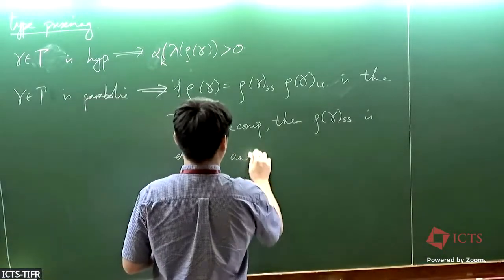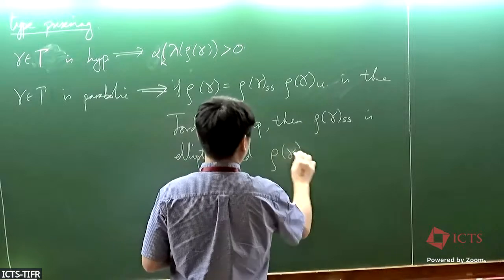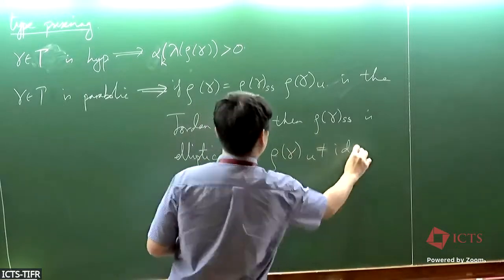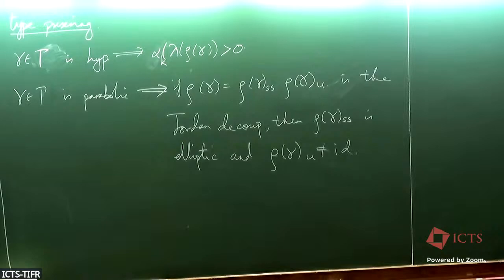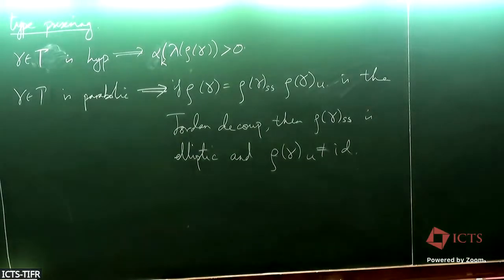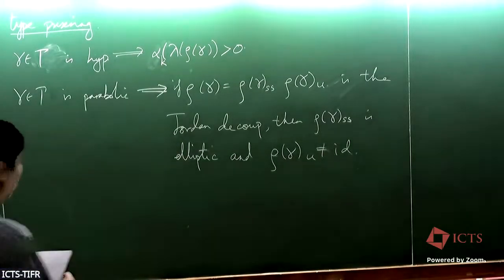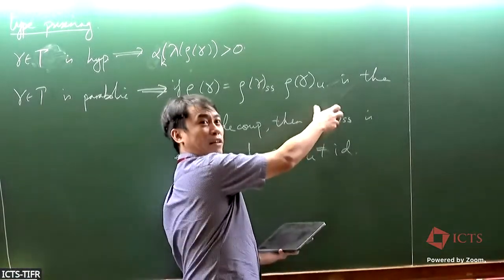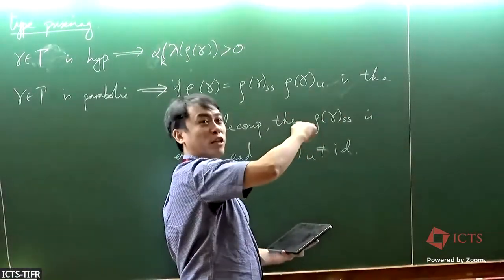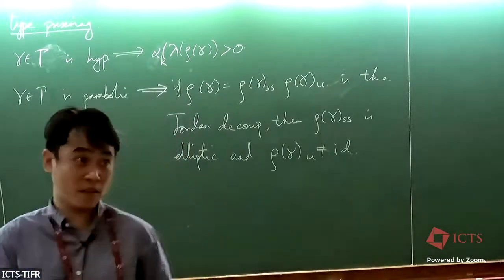And the unipotent part is not the identity. Okay, so that's what I mean by type preserving. So it's essentially unipotent, except that you might have to multiply by some compact part, so there's rotation on the eigenvalues.